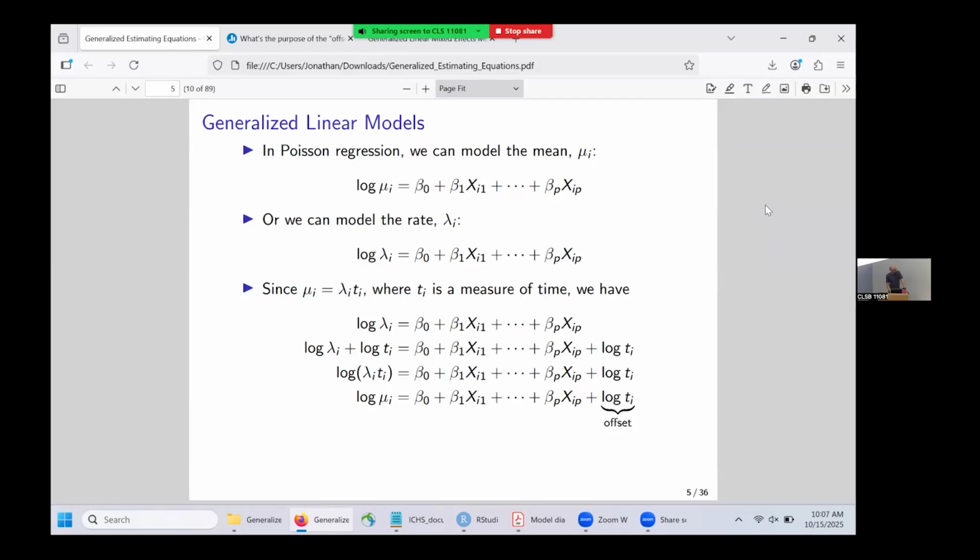And what we end up with at the very bottom here is that we're modeling the mean. On the left-hand side, we have log of mu, and then log of t is our offset, which is like including an explanatory variable that has a fixed coefficient of 1.